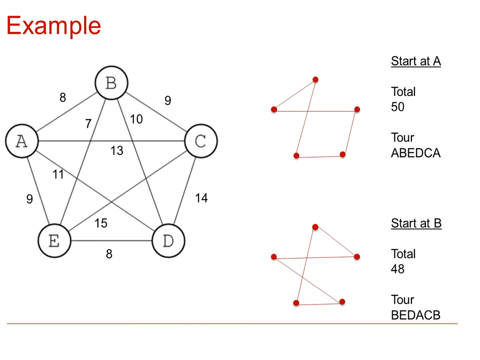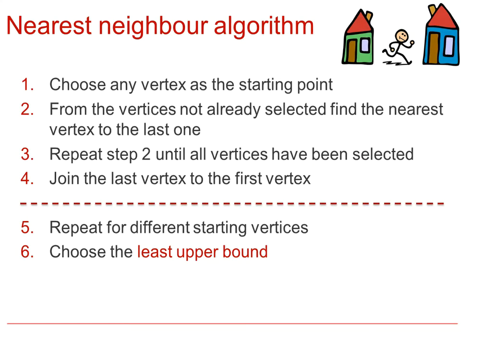Here it is written out more neatly, but I would still recommend that you write the lengths of the edges between the letters to keep track of what you're doing. So in the example, we compared using the nearest neighbour algorithm with A as the starting point, and then with B, and you can see that we got different values, 50 compared to 48.